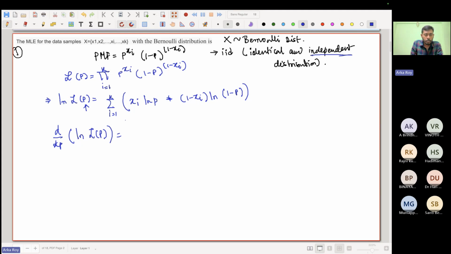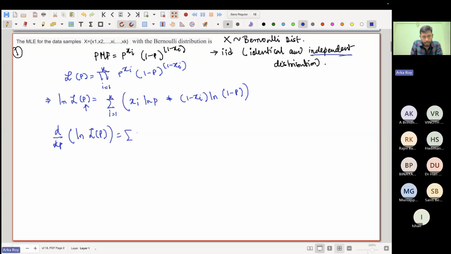It gives the sum from i equals 1 to k of xi times 1 upon p, the derivative of ln p, plus 1 minus xi times the derivative of ln of 1 minus p, and taking the derivative of the inner part also gives minus 1.